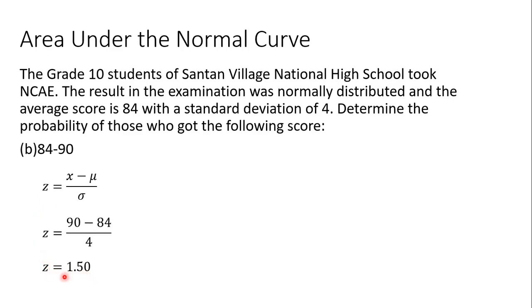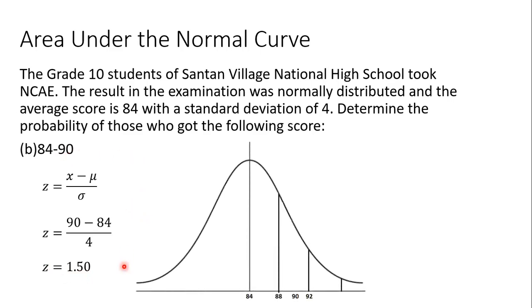So positive, ibig sabihin, our area bounded by 84 and 90 is on the right side of the curve coming from the mean. So this is our curve, 84 at the mean, and this is 90. They will be our boundaries, and let us now shade the area.